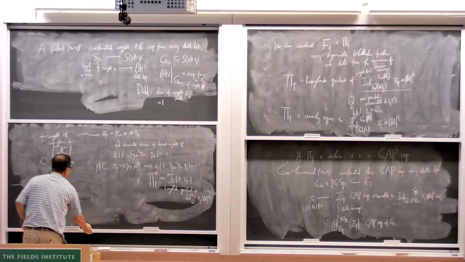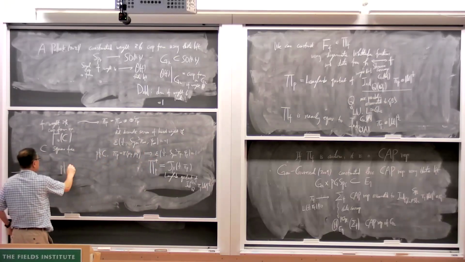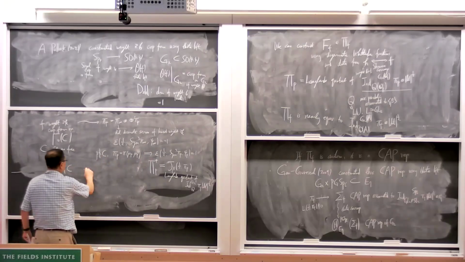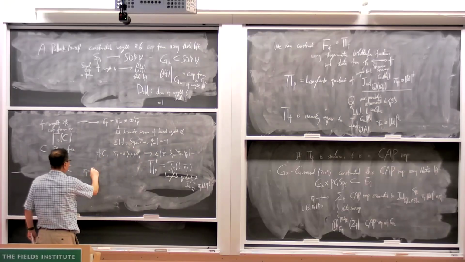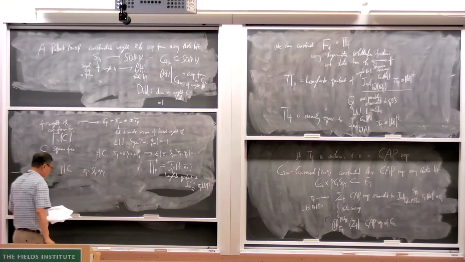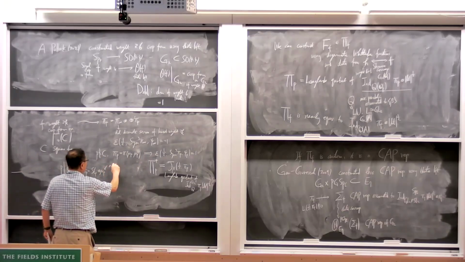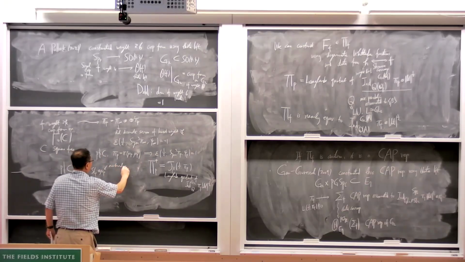And then if p divides C, there are two cases. pi_p is either Steinberg twisted by a non-trivial quadratic character.